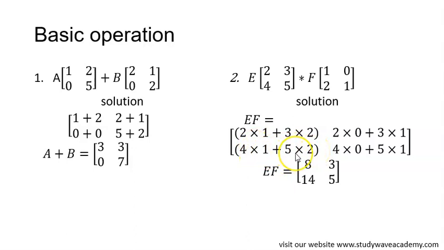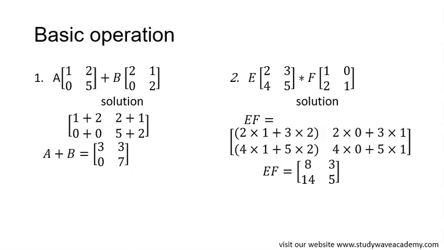So 4 plus 10 is going to give you 14. You write it out, okay? Then the next, 4 times 0 is 0. 5 times 1 is 5. 0 plus 5 is 5. So write it out. So E times F is going to give you this, okay? So when you multiply E matrix times F matrix, it is going to give you this. Do you understand? I hope you're not confused. Matrix does no division, so we cannot do division, okay?